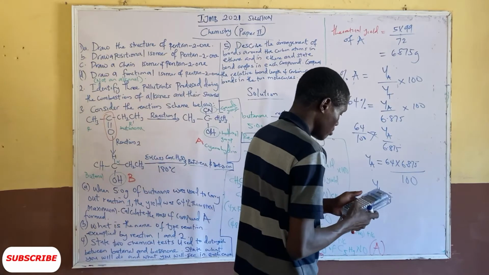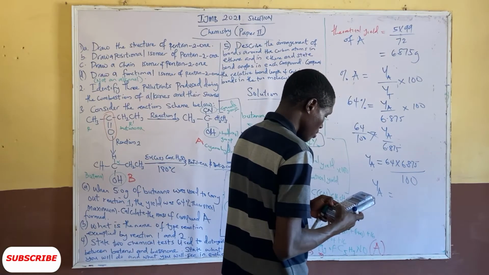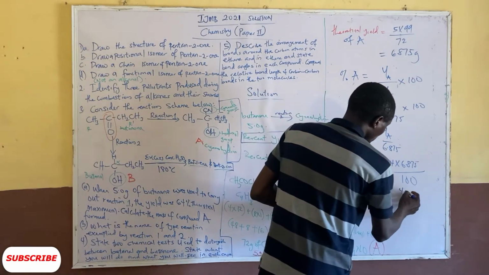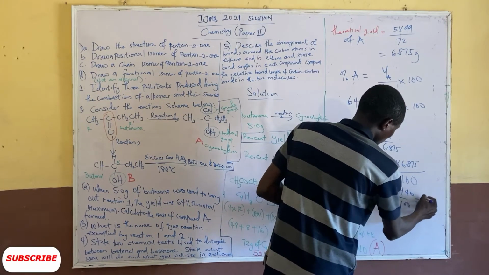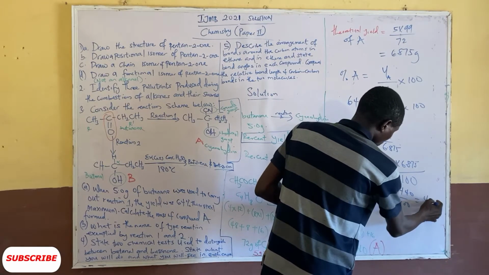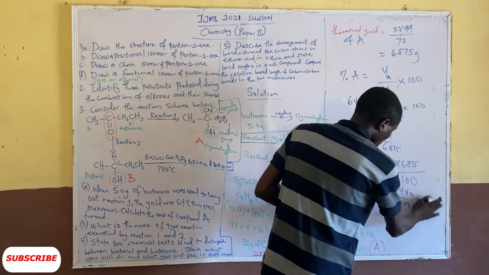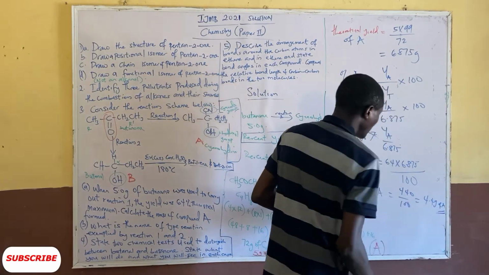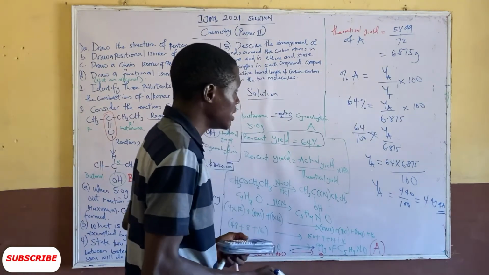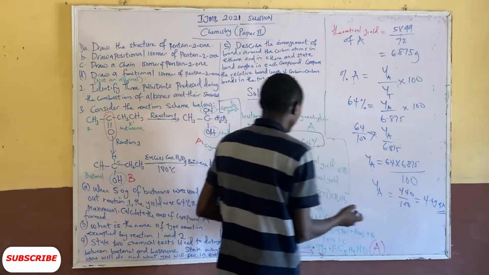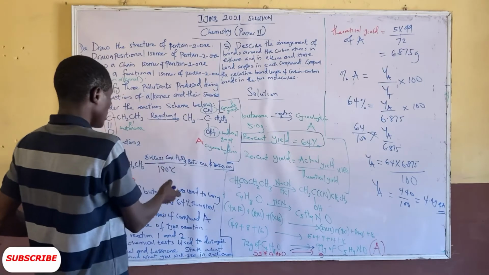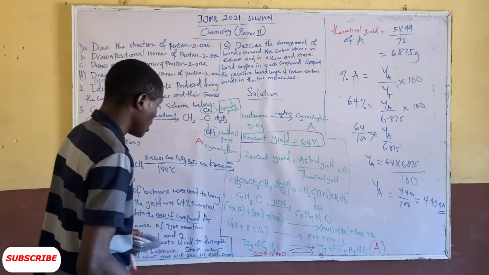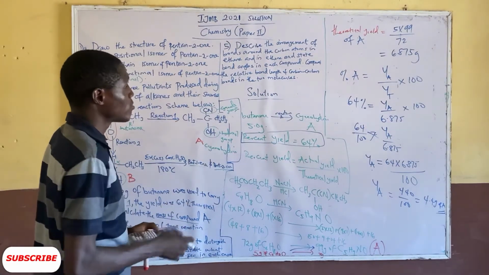When you multiply by 64, this gives us 440 divided by 100, which is equal to 4.4 gram of A. So that is the actual yield of compound A. You can see the actual mass of compound A is 4.4 grams.